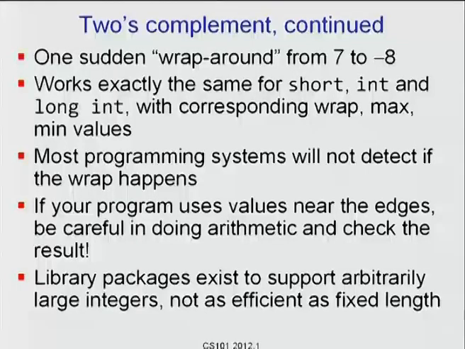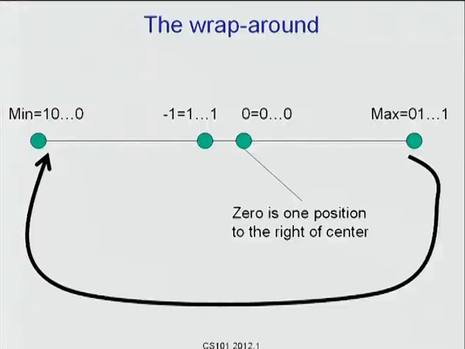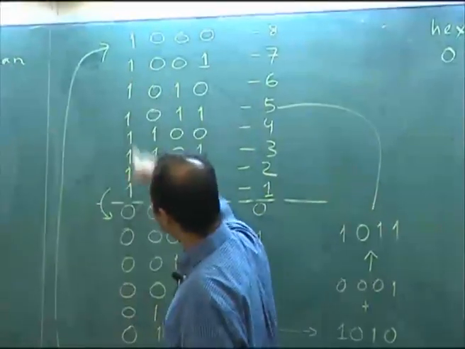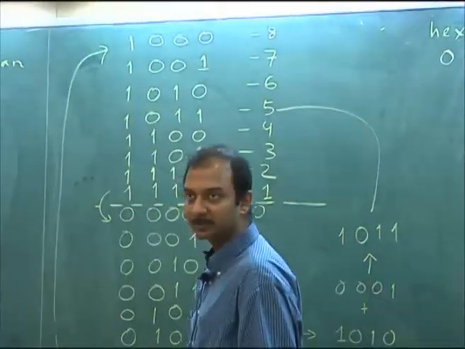Now, this works exactly the same way for short, int, and long ints with their corresponding wraparound point, maximum value, and minimum value. Okay? So observe that if I wrote down the number line, there is an equal number of configurations with a 1 in the leftmost position and 0 in the leftmost position, right?